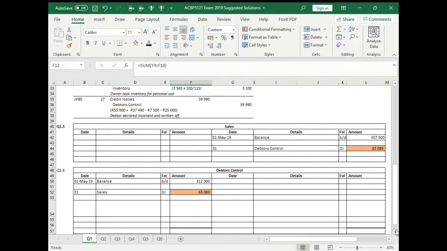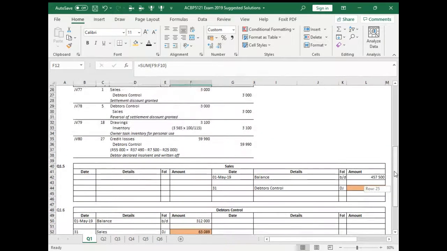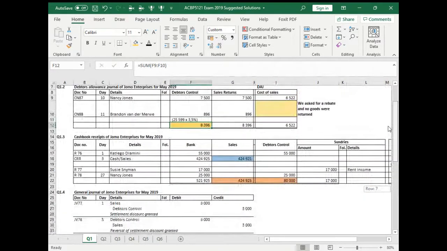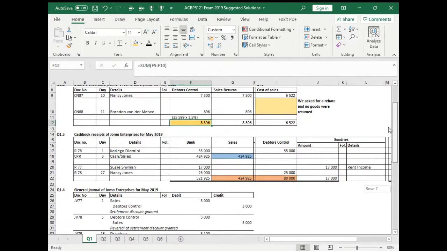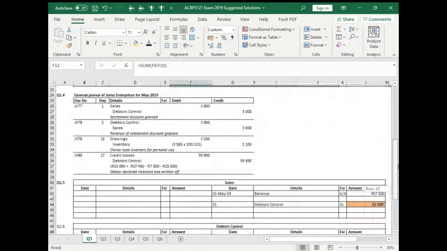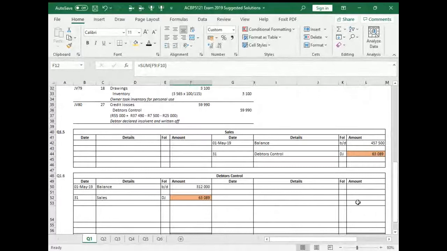Okay, so it decreases our debtors control account. Okay, now let's quickly see what value it is. The value I need to capture is the 8,396. Okay, so there we capture the sales returns.